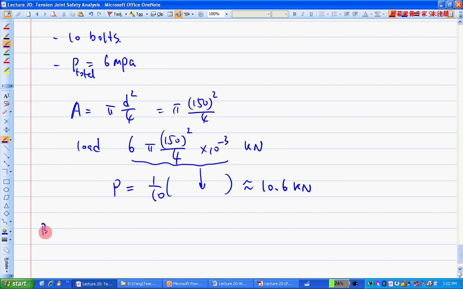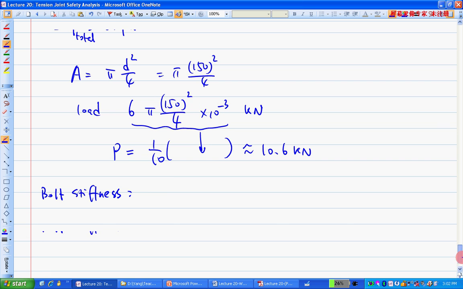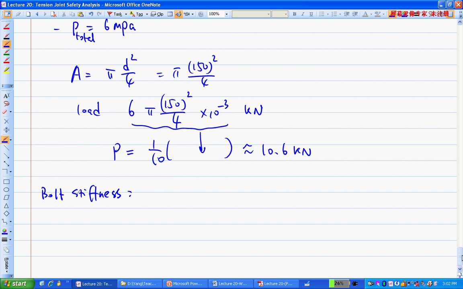To do the calculation, we have to go through quite a few steps. First, we need to calculate the bolt stiffness. For this part of the question you need to look at different tables.